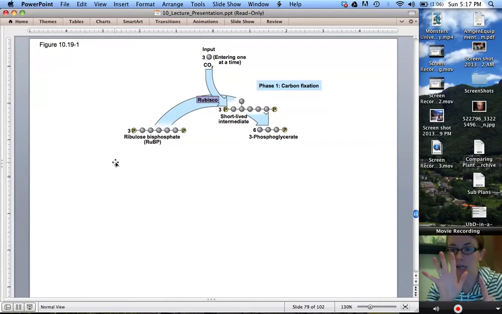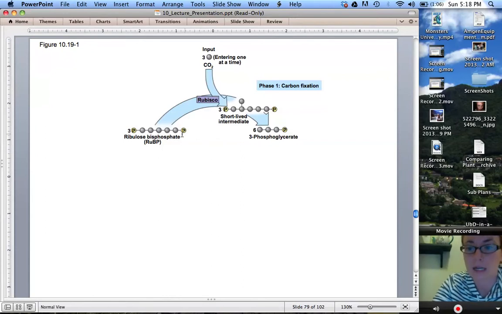Carbon dioxide comes along, and then it has 6, because this carbon dioxide gets fixed to this one, and now it's a 6-carbon sugar. The enzyme that attaches carbon dioxide to RuBP is called Rubisco, and Rubisco stands for RuBP carboxylase, because we're adding the carbon to RuBP.